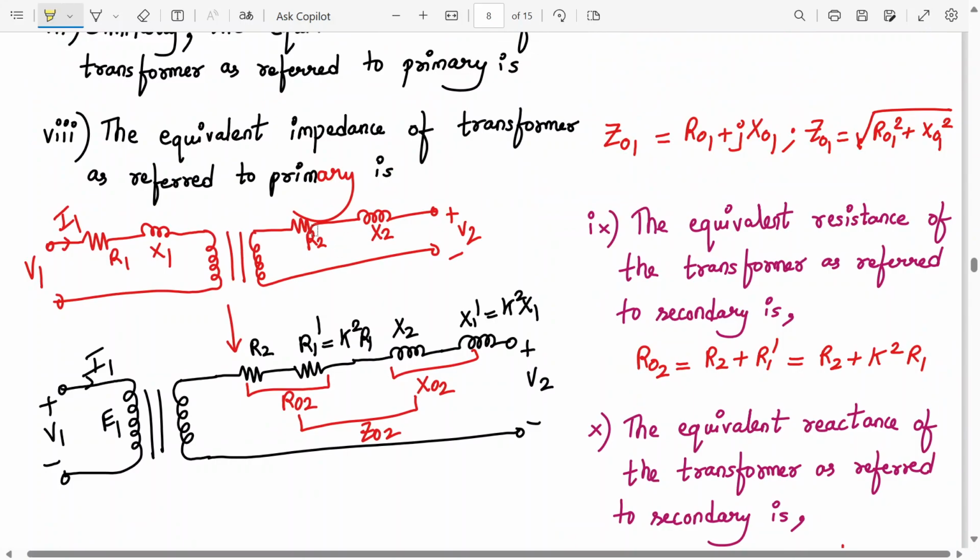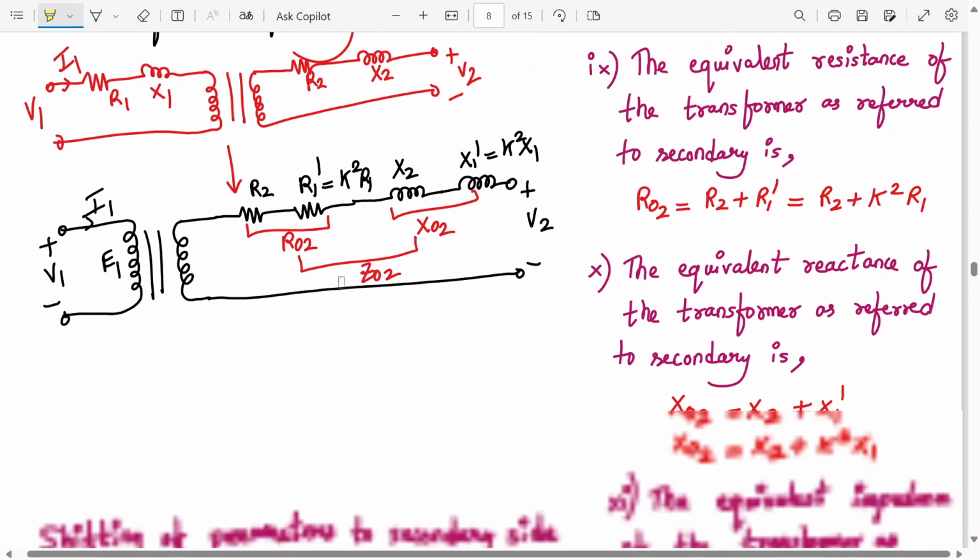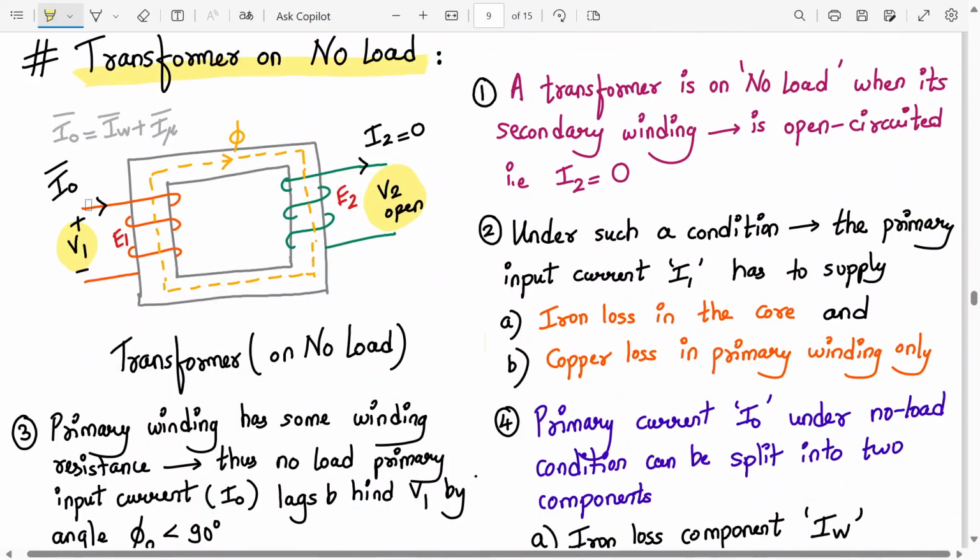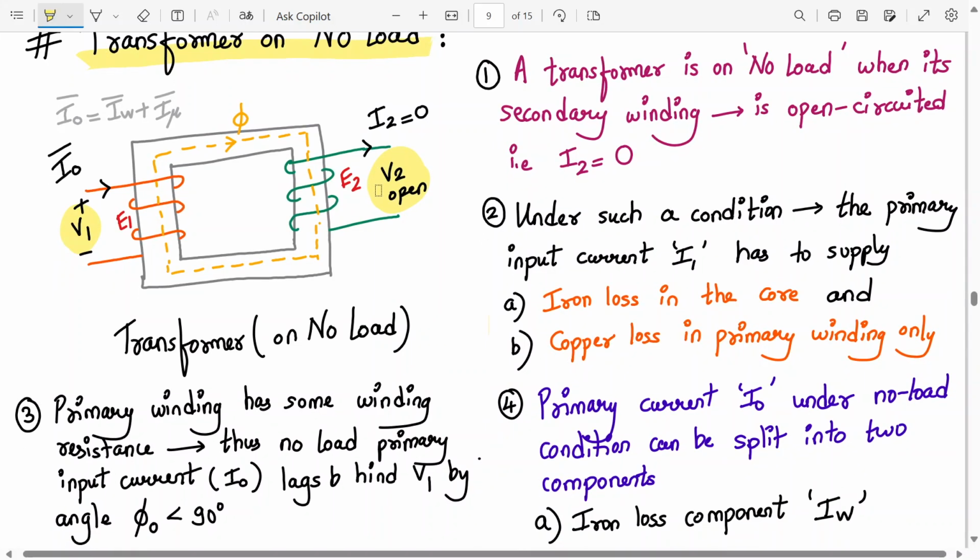Here it is: winding resistance and inductive reactance due to leakage flux. So with these two, the current, instead of I1, we call it I naught because of the open circuit condition at the output. So the primary winding has some resistance. Thus the no load primary input current I naught lags behind V1 by less than 90 degrees. Are you understanding?